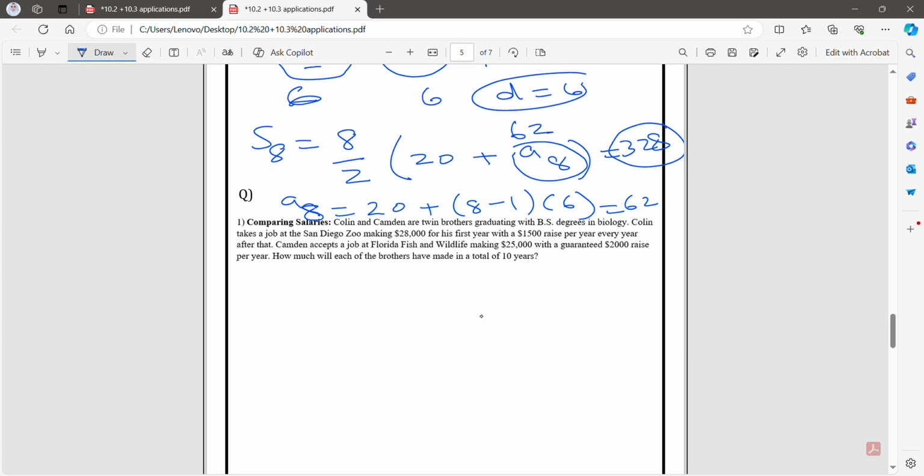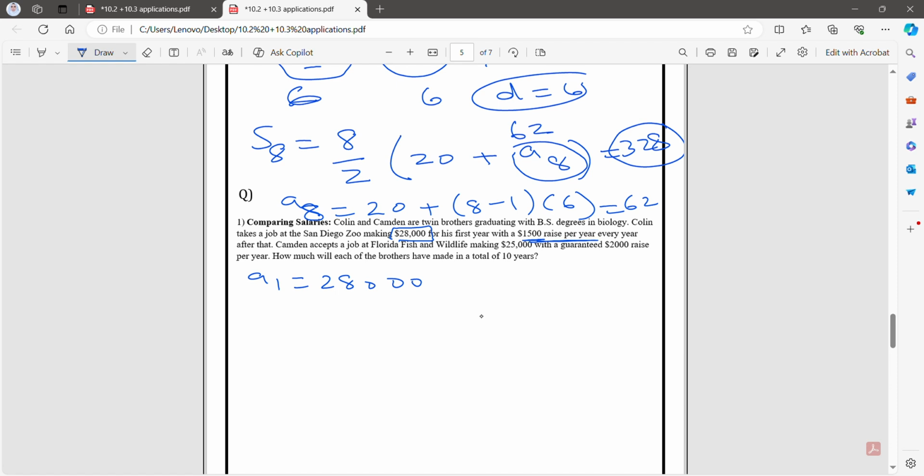In the next question you can see they are telling you that there are two brothers, and the first brother started the job with a starting salary of 28,000. The first year is 28,000, meaning A1 is 28,000, with a 1500 raise, so a 1500 increment per year.